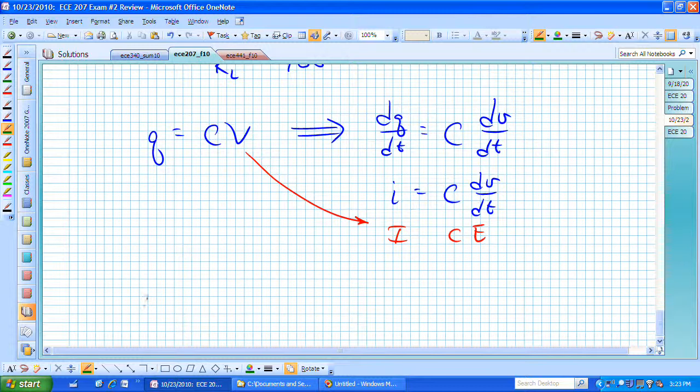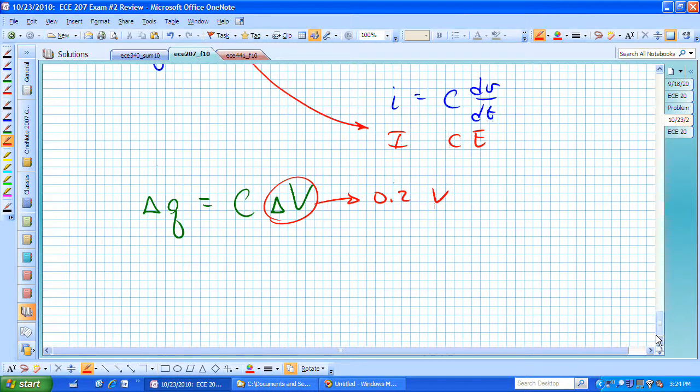And so now we have delta Q is equal to C delta V, relative to this delta V being equal to 0.2 volts. We don't know the capacitance. This is now our C equivalent, and we need to find that.